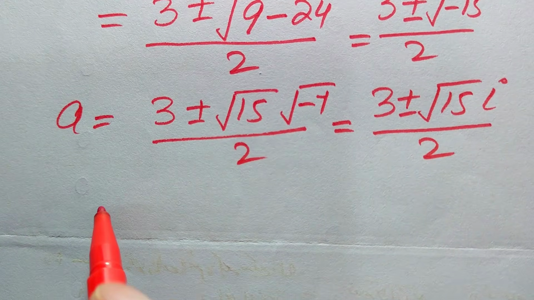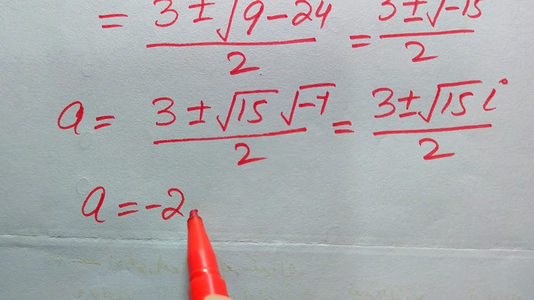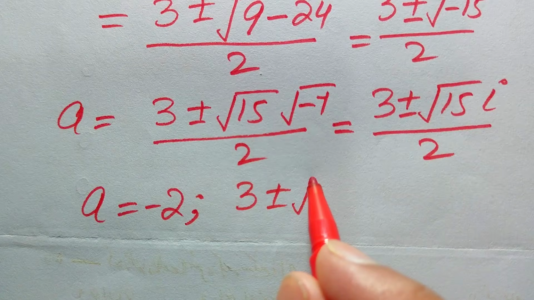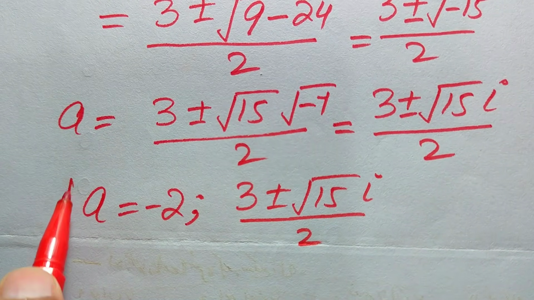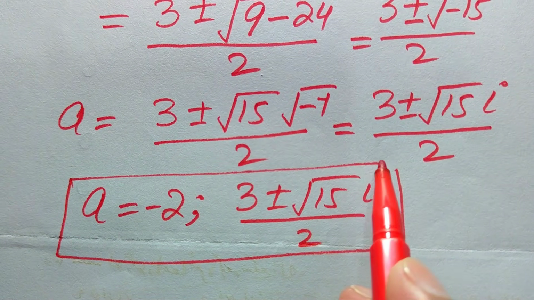So finally there are three roots of the given equation. The first root is a equals minus 2, the real root, and the other two roots are 3 plus minus square root of 15 i, divided by 2. These are the three roots of the given equation, and this is our final answer.